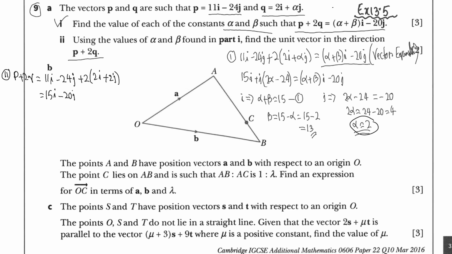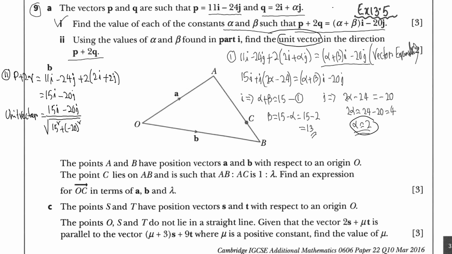If we want the unit vector, we have to divide by the modulus of this vector. The unit vector is (15i minus 20j) divided by the modulus of this vector, which is the square root of 15 squared plus 20 squared.